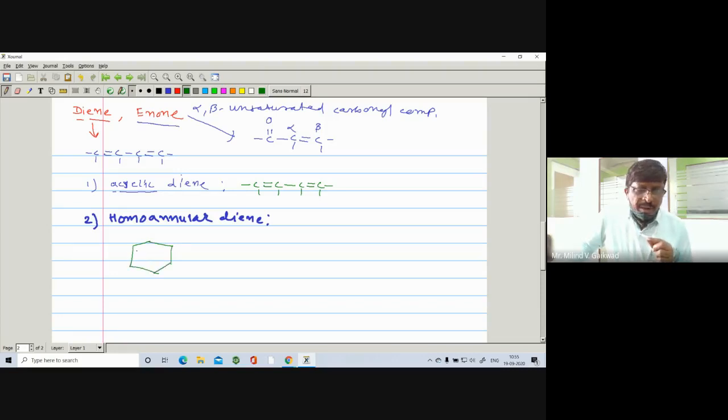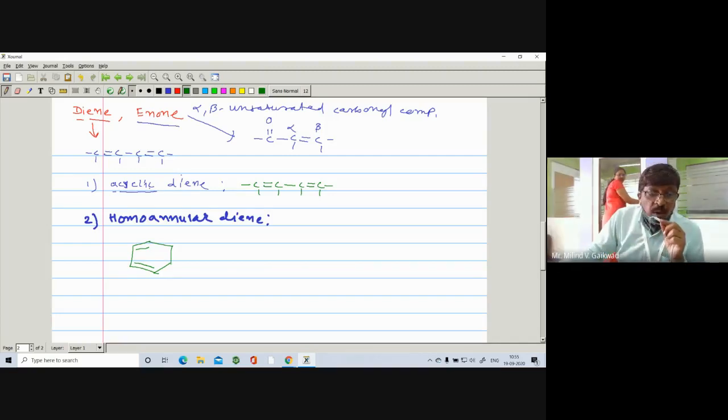You can take a pi bond here, single bond, pi bond. When two pi bonds are in conjugation and are present in one single ring, it is called a homoannular diene. Homo means same. They are present in the same ring.